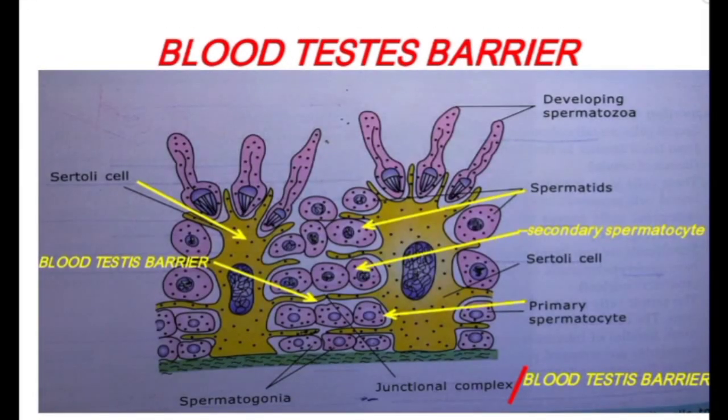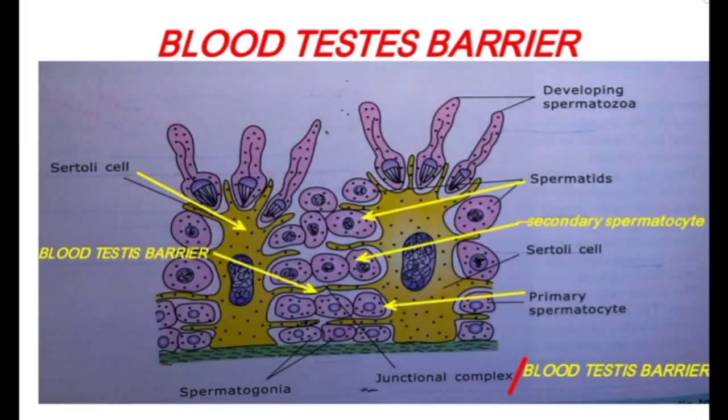I have told you that there are 4 to 5 concentric layers of morphologically distinct spermatogenic cells present in this epithelium, which is called the seminiferous epithelium. Starting with the spermatogonia, these stages include the primary spermatocyte, the secondary spermatocyte, and the spermatid.